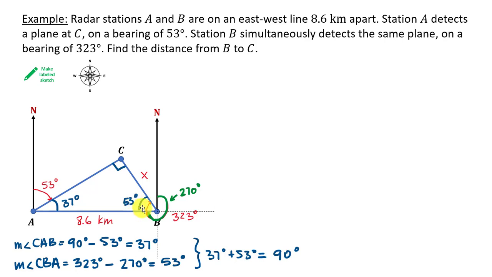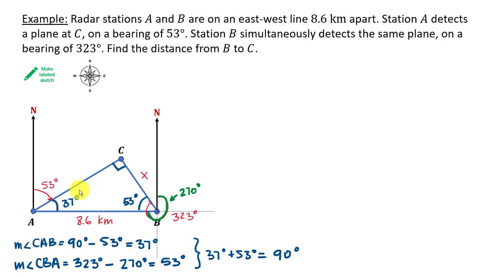in the right triangle. In this right triangle, side AB, which is 8.6 kilometers, is the hypotenuse. And then side X, well, it can be either the adjacent or the opposite side, depending on which angle we choose, and it doesn't matter which one we choose. We're going to get the same answer in both cases.